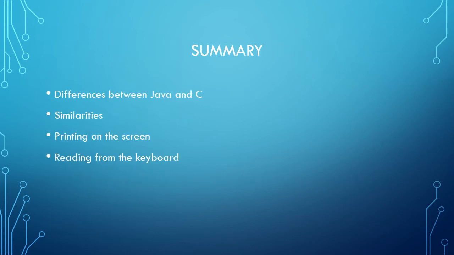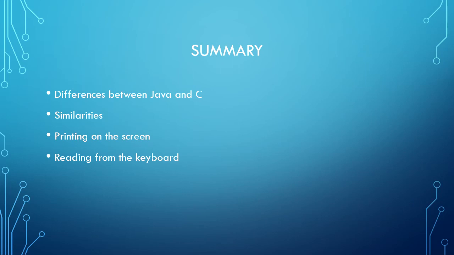So in summary, what we discussed today were the differences between Java and C, and then what things are the same, which turned out to be a lot. So a lot of things are different and a lot of things are the same. The main thing to remember is no objects.